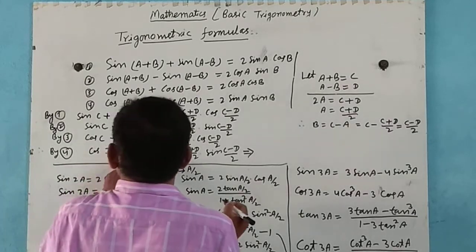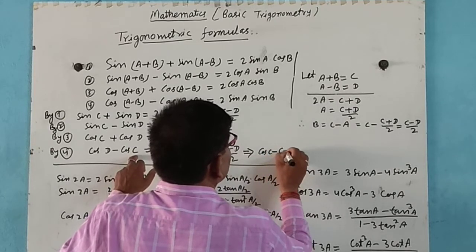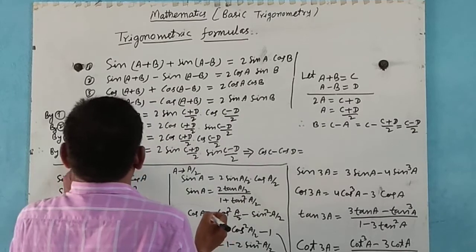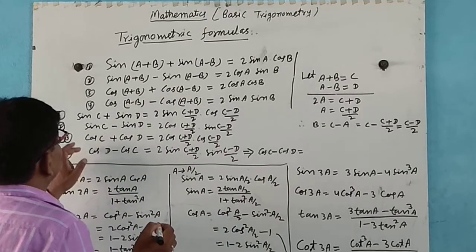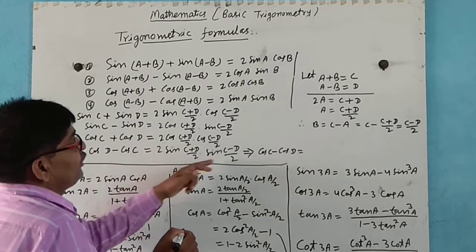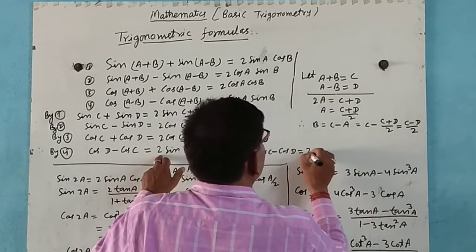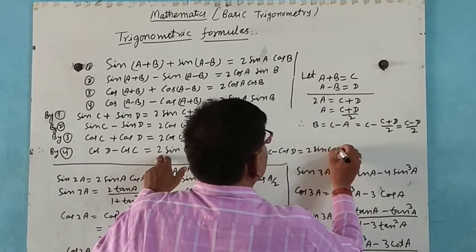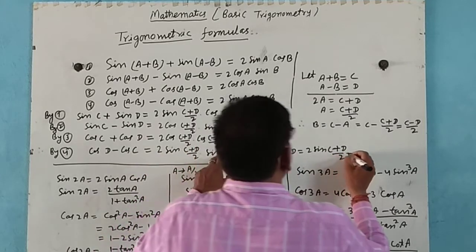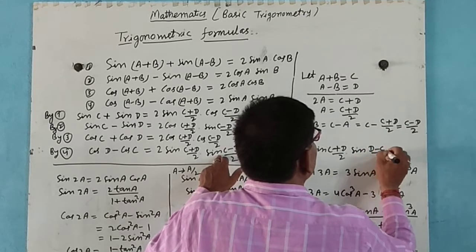So cos C minus cos D, with the negative sign changed here, and with the help of sin(−θ) equal to −sin θ, this becomes 2 sin (C plus D) by 2 into sin (D minus C) by 2.